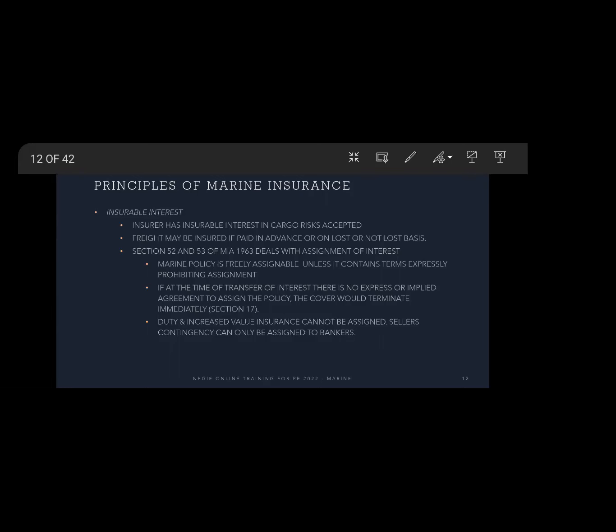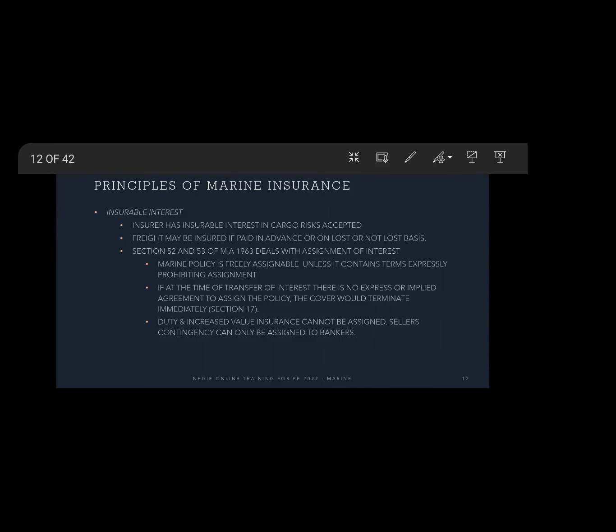But even if the goods reach or not reach, you have to pay me the freight. That is known as lost or not lost. Another way of doing it is the freight can be paid in advance. In such a case, the cargo interest has the insurable interest in freight also, either if it is paid in advance or if it is insured on lost or not lost basis.